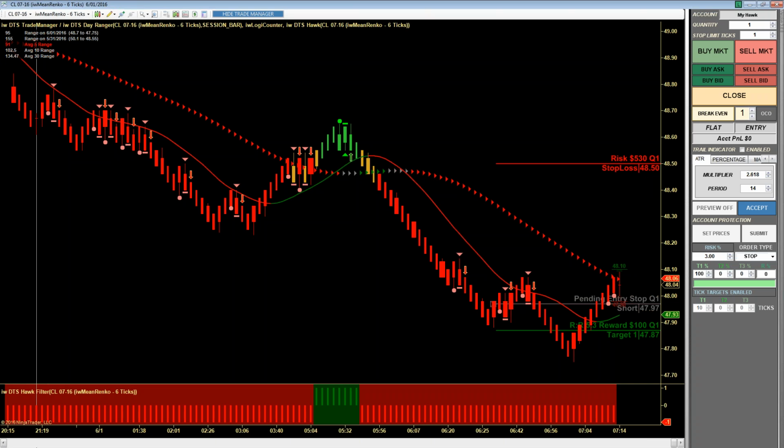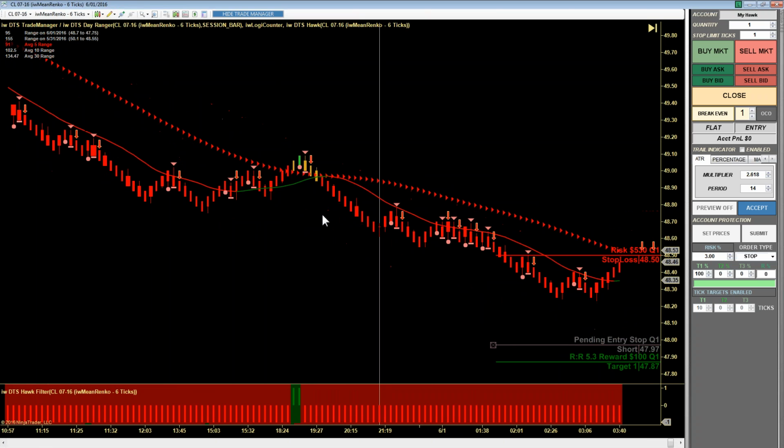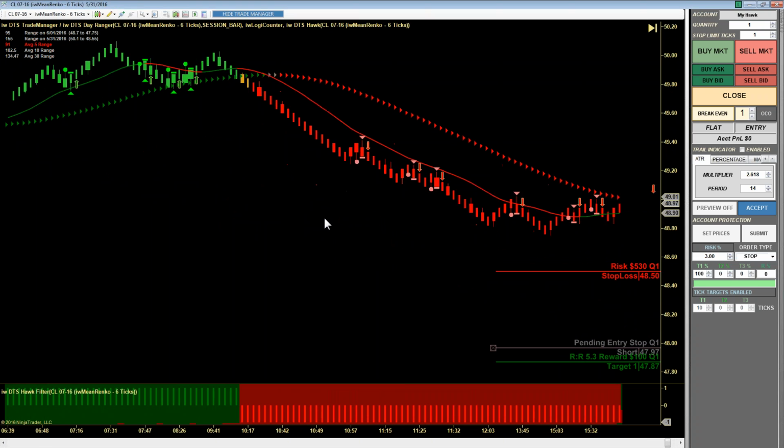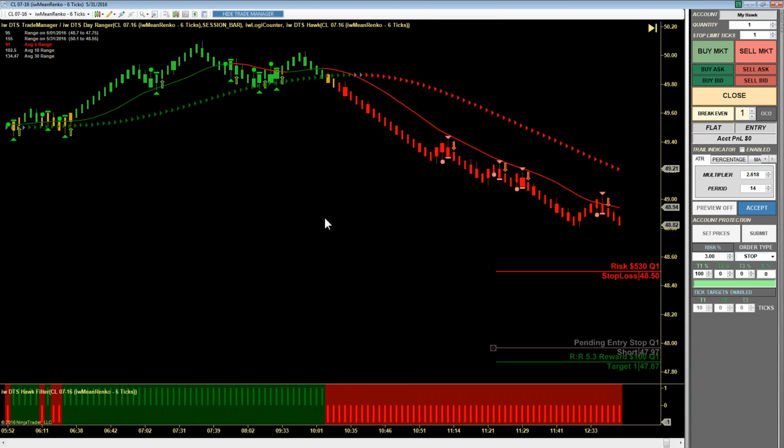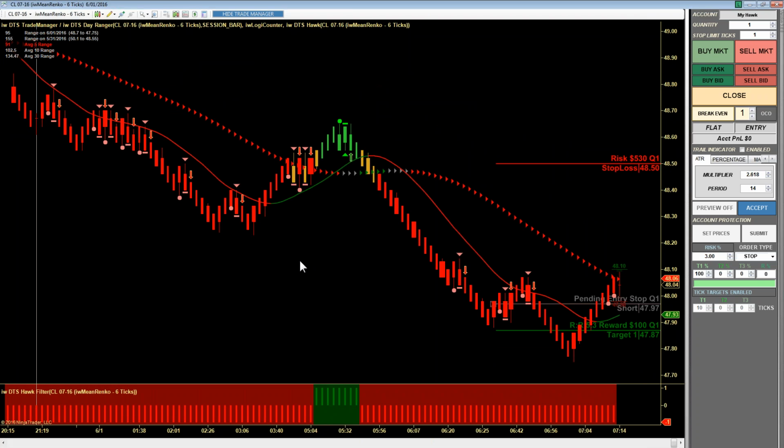So here's a possible scalp signal coming on crude oil. Crude oil, again, with this huge monster decline for the last 18 hours, more or less.